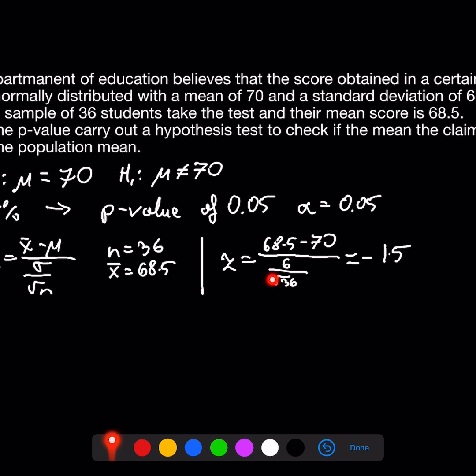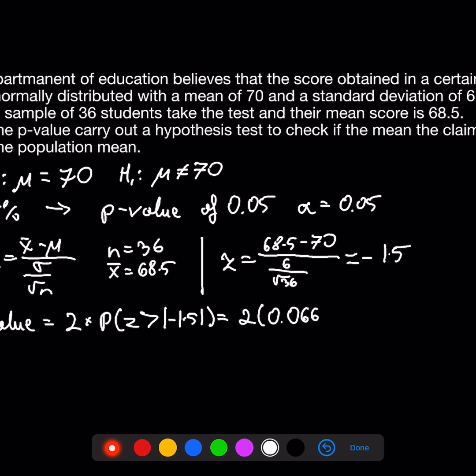So if we're looking at a z value equal to minus 1.5, the p-value is given by twice the probability that z is greater than the absolute value of minus 1.5, which is twice 0.0668.